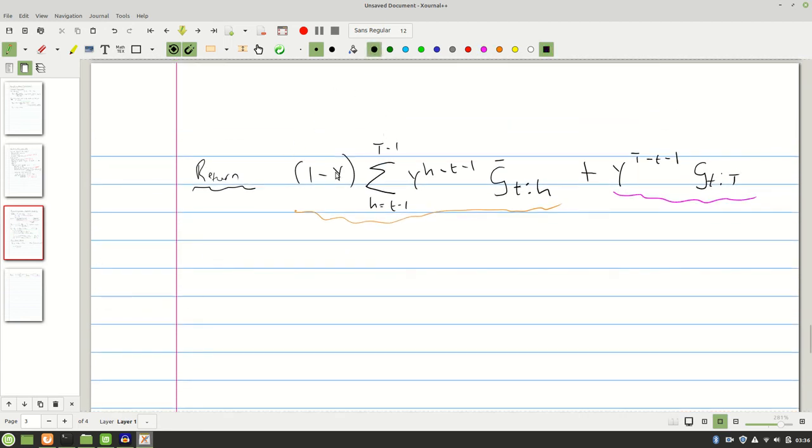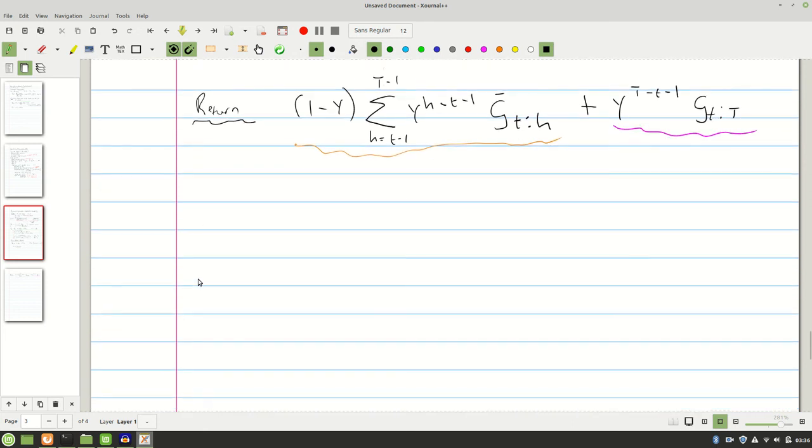So now that we have our return defined in this manner, the next step would be to weigh it with our importance sampling ratio, but being aware that we need to scale our importance sampling ratio based on this.